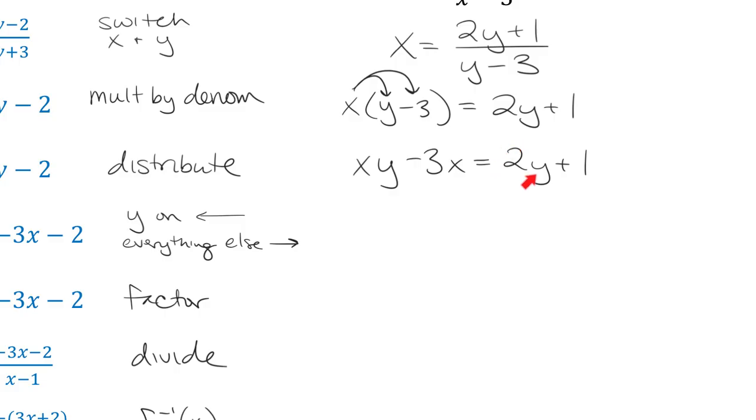So if I move this y term to the left, it will become negative. And if I move this x term to the everything else side, it will become positive. So we should have xy minus 2y equal to 3x plus 1. I just move this over here and I move this over here.